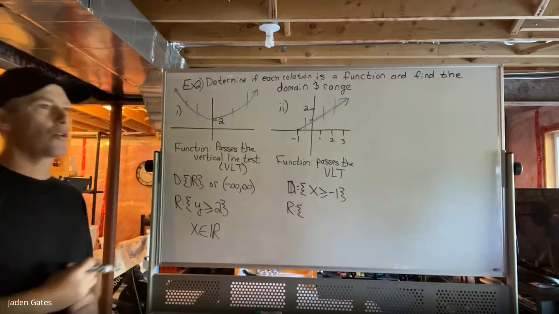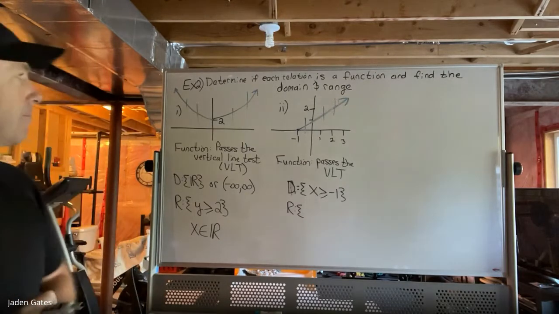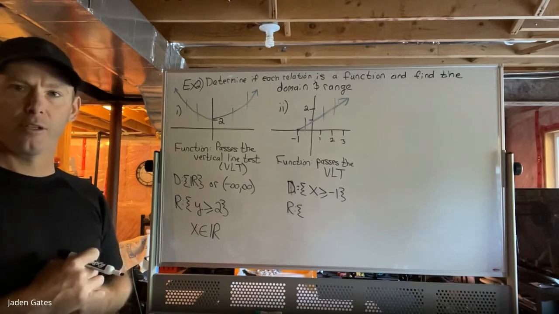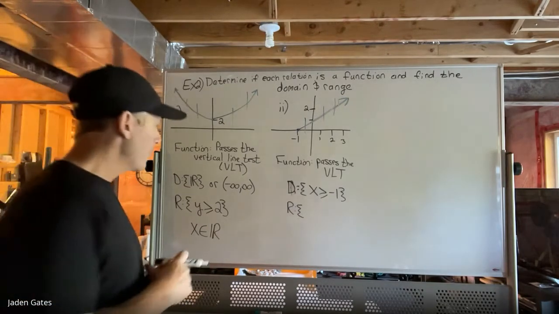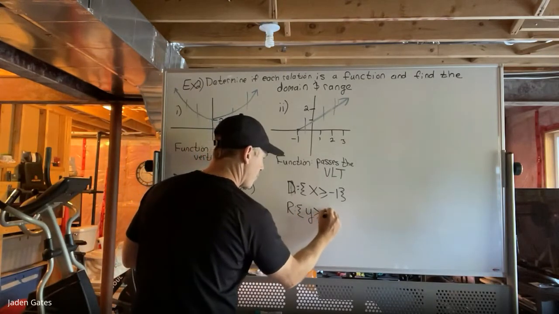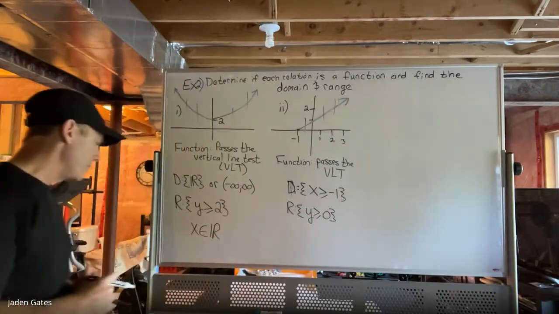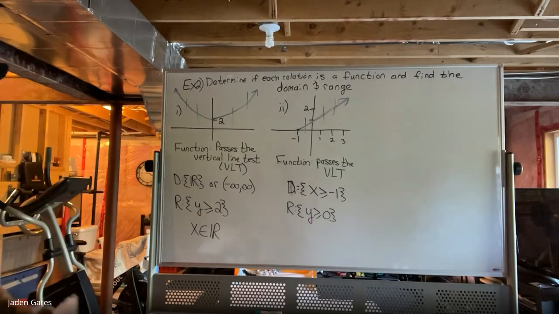Possible y values, or interval of the y values for this particular one. Just checking out the chat. Yeah, there we go. Again, y is greater than and equal to 0. Starts at the bottom level and then moves up because, again, the range is all about the up and down. All right, so there's 2 graphs.